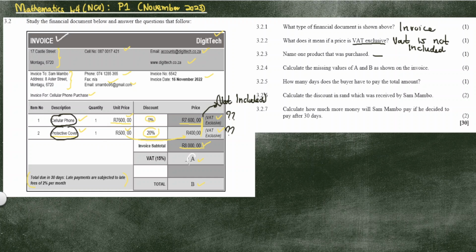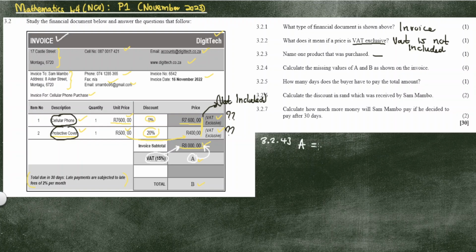Now, the A value is somehow based off 8,000 rand, right? So check out on this. It says VAT of 15%. VAT of what? Of the subtotal. So let's calculate the VAT of the 15%. 3.2.4.